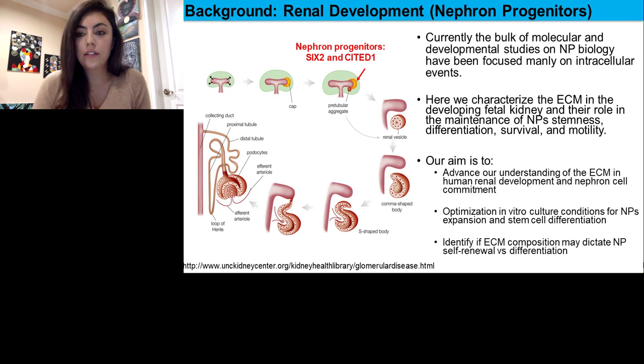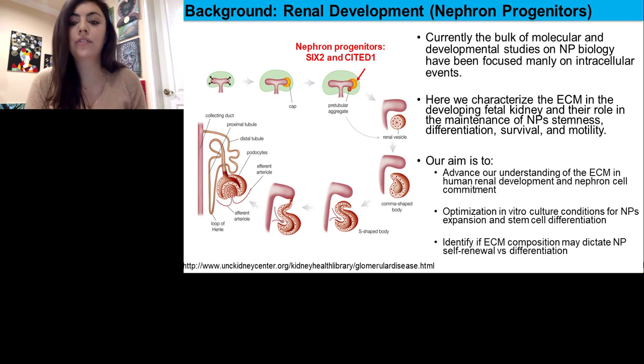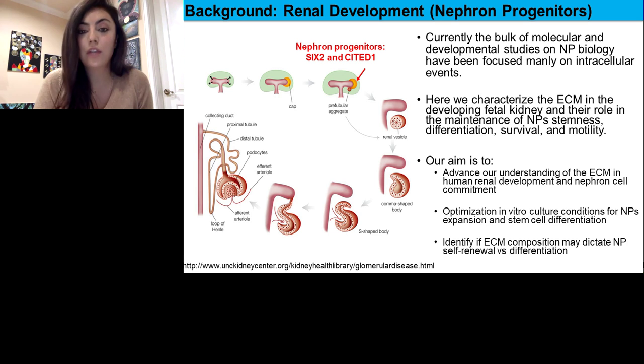And so our aim was to characterize the extracellular matrix within these nephron progenitors in normal human developing kidney, and also identify how extracellular matrix might be promoting their self-renewal versus differentiation. And we wanted to use the information that we obtained from this to apply it in vitro, for us to be able to culture these cells for an extended period of time.